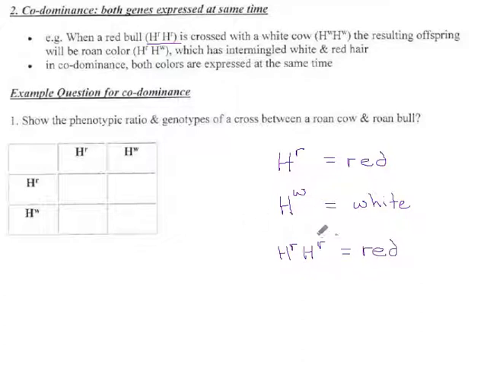You will be an ox with red hair. If you're HWHW, you will be an ox with white hair. And if you're HRHW, I'm putting them in alphabetical order, then you'll have both at once, and people will call you a roan.